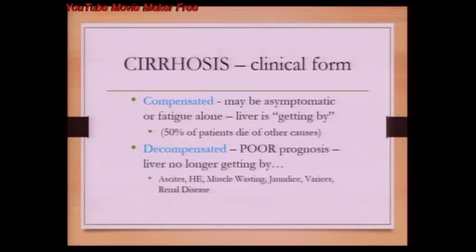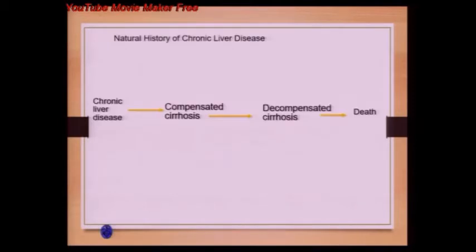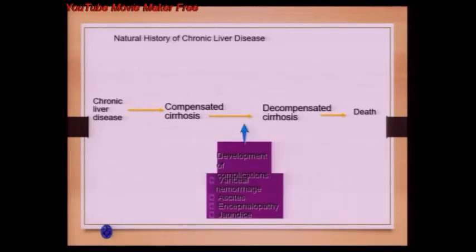So another way to look at the natural history of chronic liver disease is we're compensated, and then we develop, as the disease advances, one of these complications where we call them decompensated, and at that point in time, it's advanced. If somebody walks in with ascites from cirrhosis, they have advanced disease. They may feel like they just got sick a month ago, but now they're looking at a very short lifespan if nothing can be done about it.